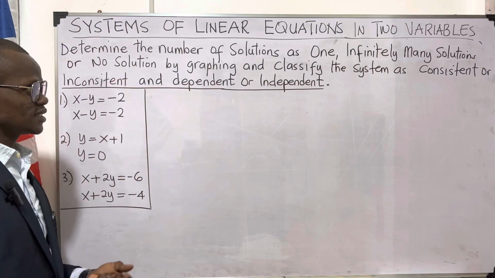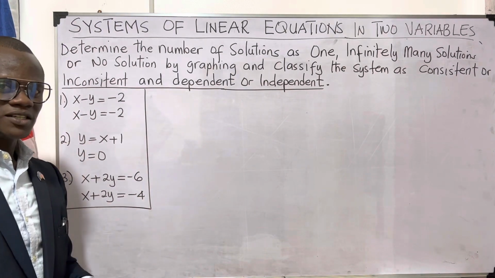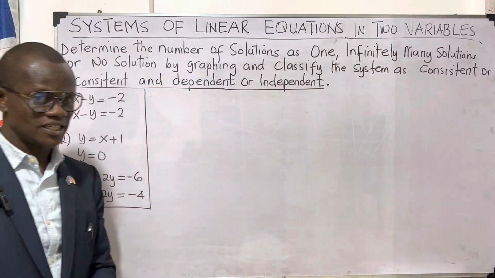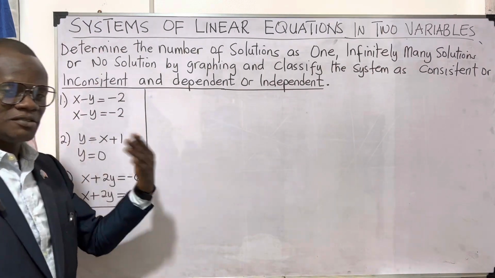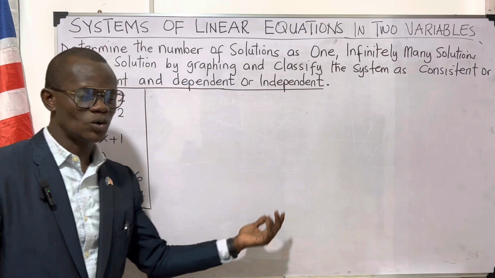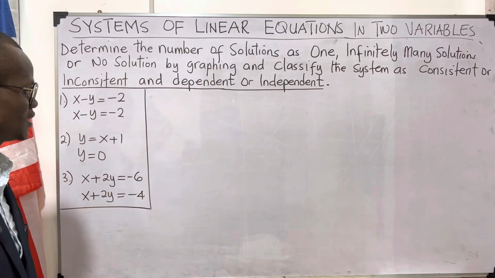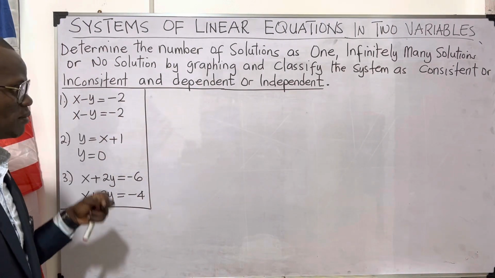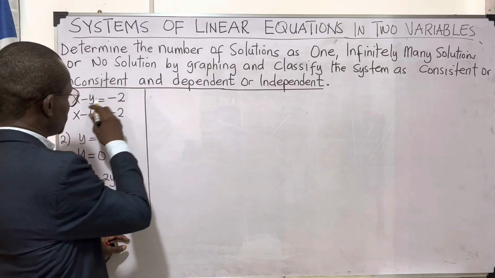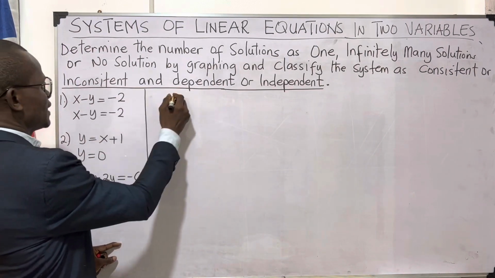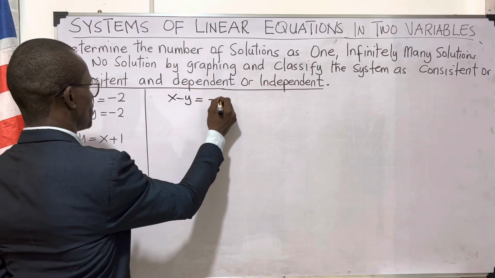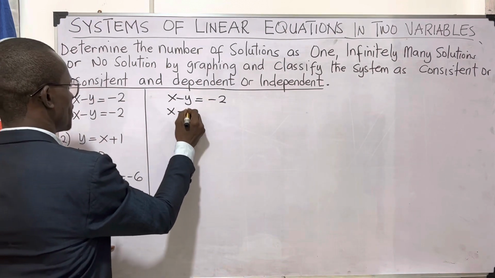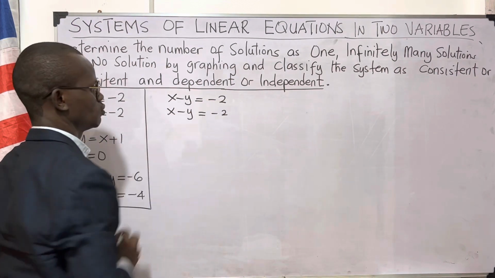When it is consistent, it must be either dependent or independent. When it is inconsistent, it must also be independent or dependent. We'll look at those cases in each of these problems. The first problem says x minus y equals minus 2, x minus y equals minus 2.